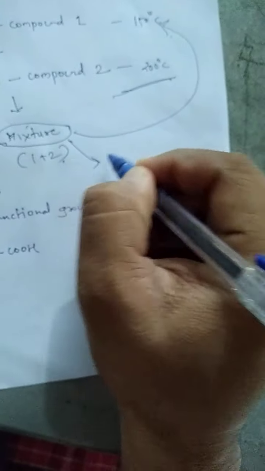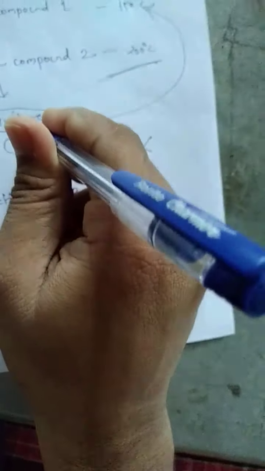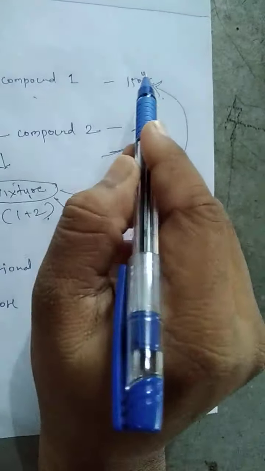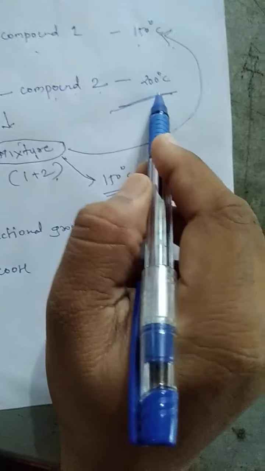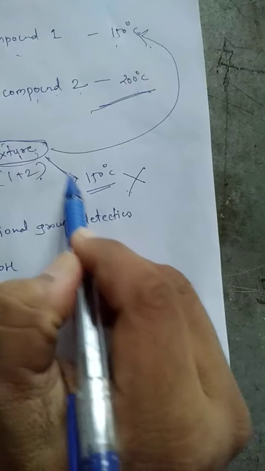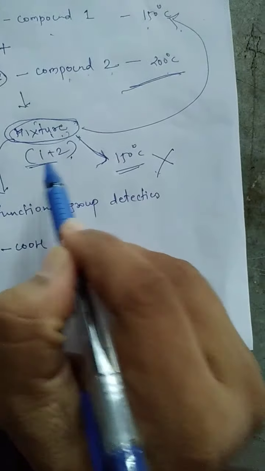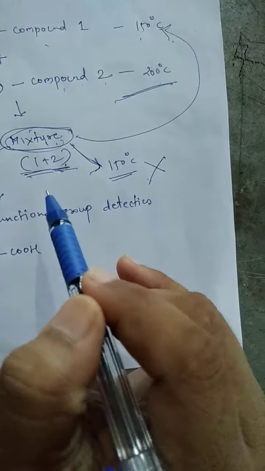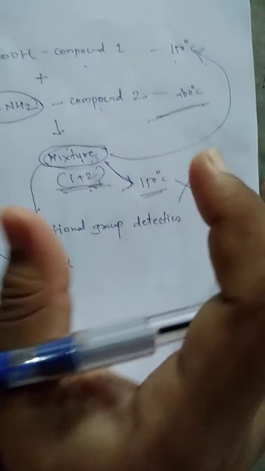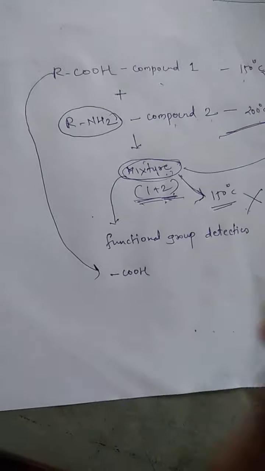So you would say this mixture has a melting point of 150 degrees Celsius, but that is wrong, because this mixture consists of compound 1 having 150 degrees Celsius and compound 2 having 200 degrees Celsius. So you can't say that the mixture has this melting point. Because the mixture consists of two compounds, compound 1 and compound 2, which are different, you have to test them individually. Are you getting my points?